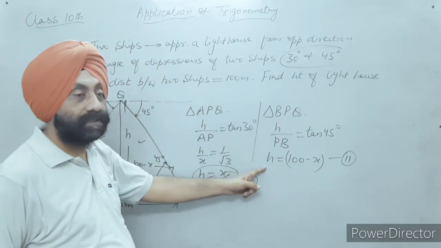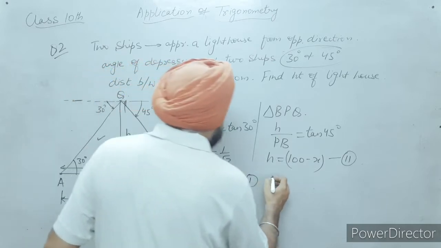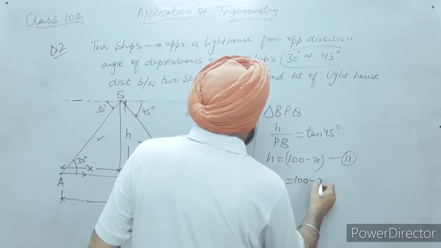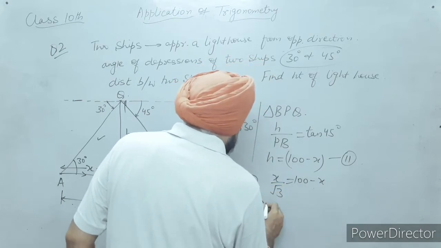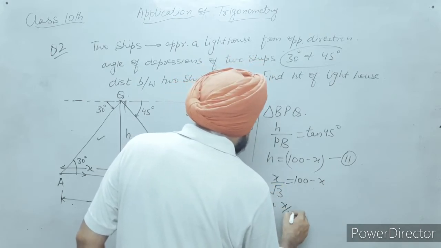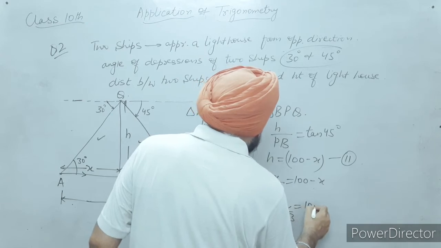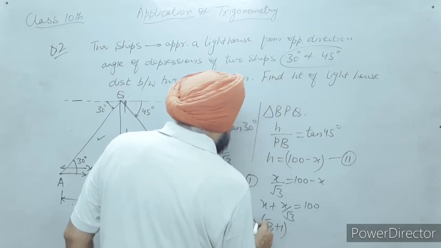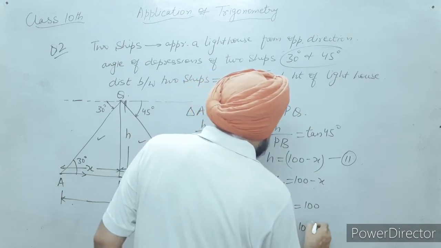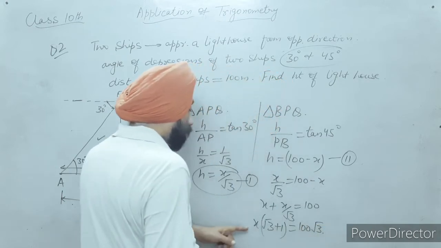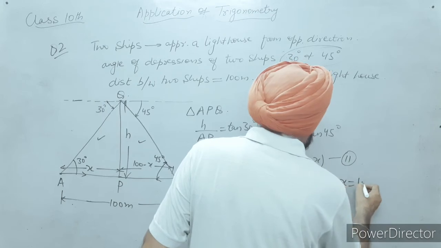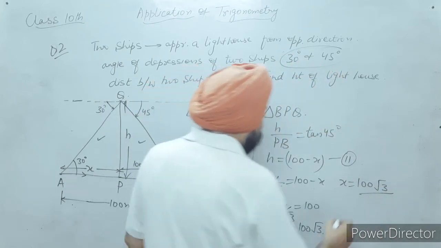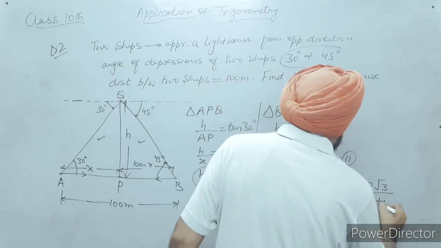Both are values of h. Equate them. x upon under root 3 is 100 minus x, or x plus x by under root 3 is equal to 100, that is x times (under root 3 plus 1) by under root 3. x is common, 100 times under root 3, or x equals 100 under root 3 divided by under root 3 plus 1.